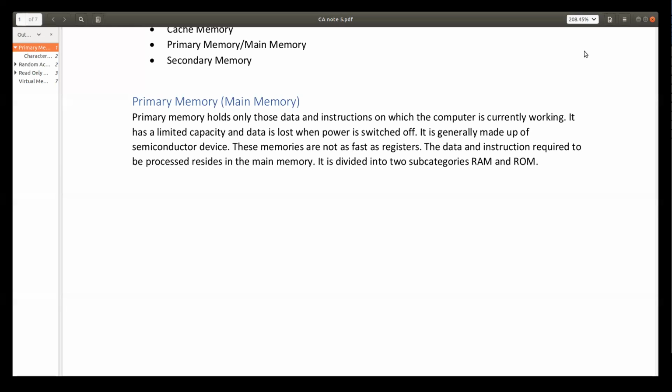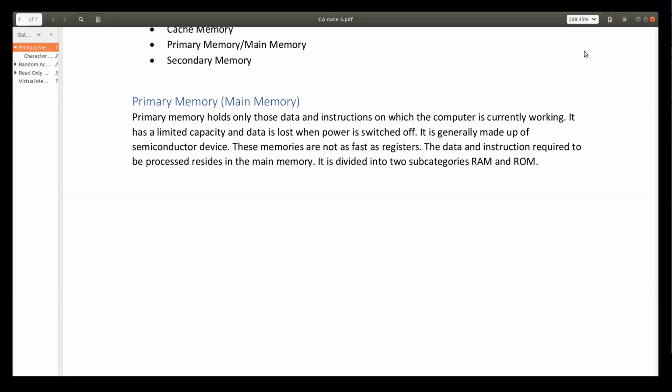It is generally made up of semiconductor devices, which we use in different electronic devices. These memories are not as fast as other types of memories like registers, but they are faster than the hard disk.